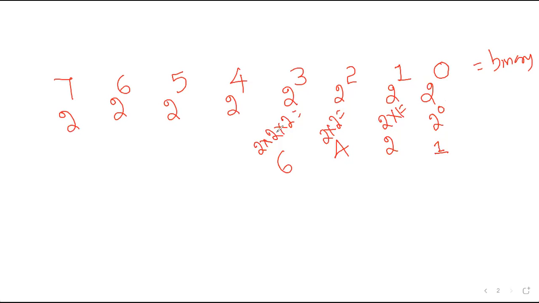So this will be 1, 2, 4. Then 2 into 2 into 2 means 2 into 2, this is 4. Then 4 into 2, 8.